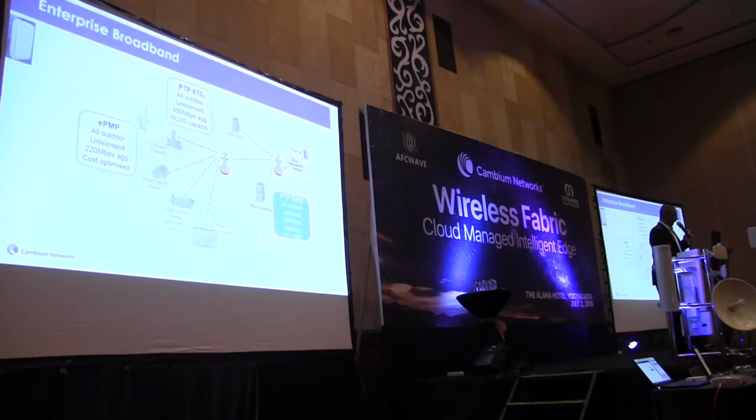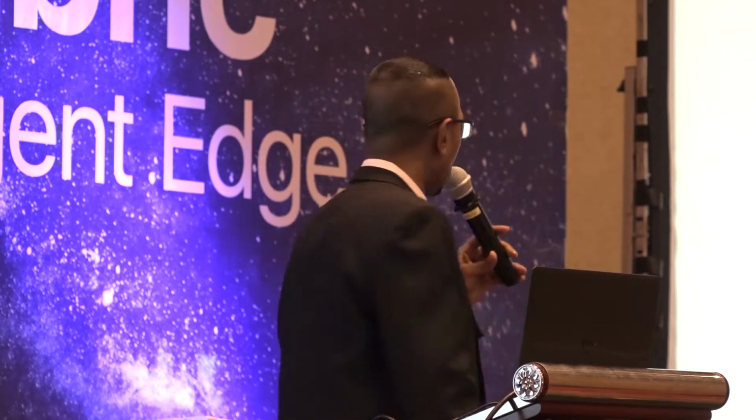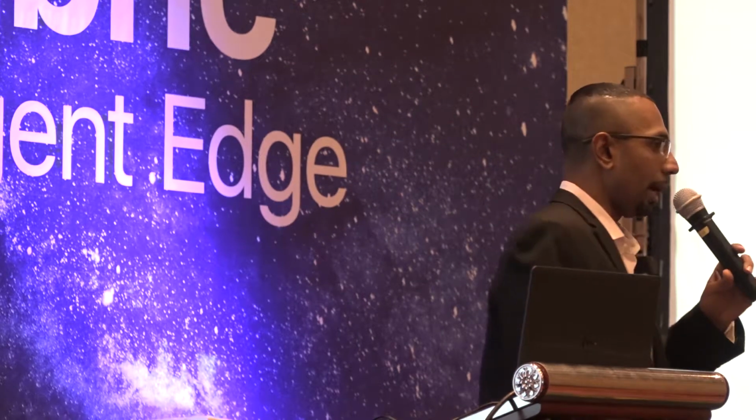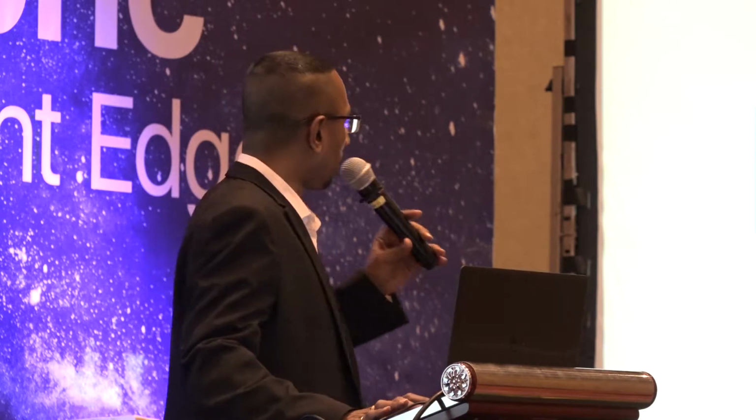We also support enterprise broadband connectivity, or we call it small cell backhaul, where all our ePMPs can support all outdoor, right? Looking at 220 now with ePMP 3000, a higher capacity. We have MU-MIMO. So Srijit will touch a little bit more on what is MU-MIMO. Then we have PTP 670, unlicensed, 450 megabits aggregated throughput.